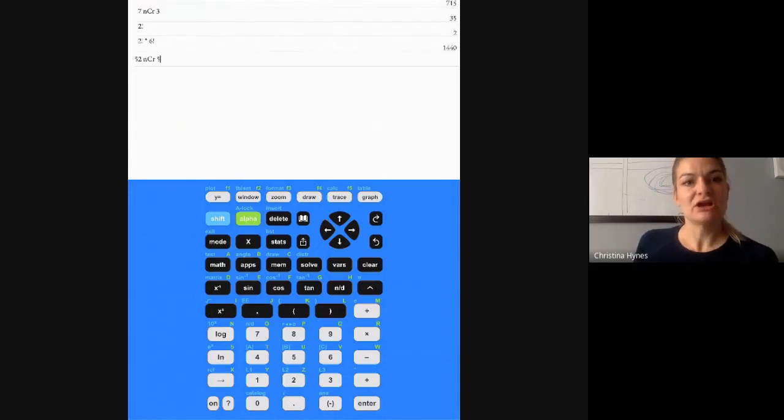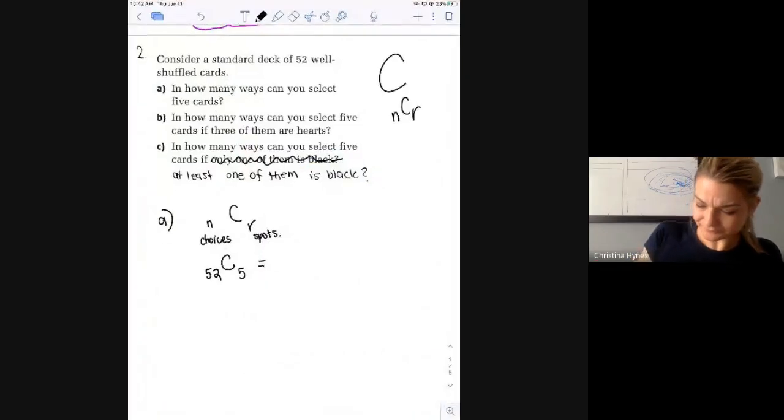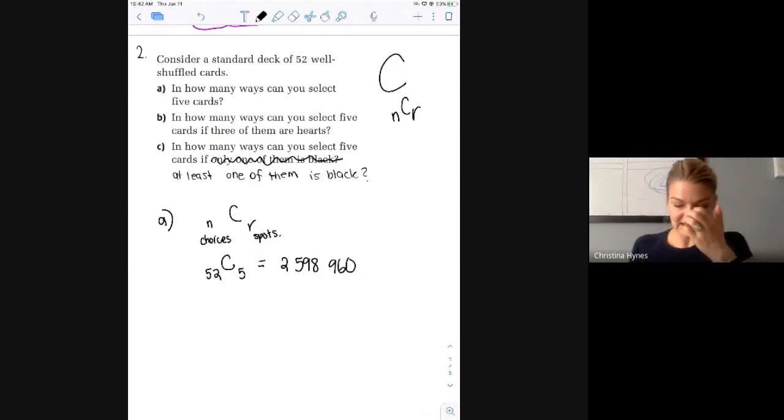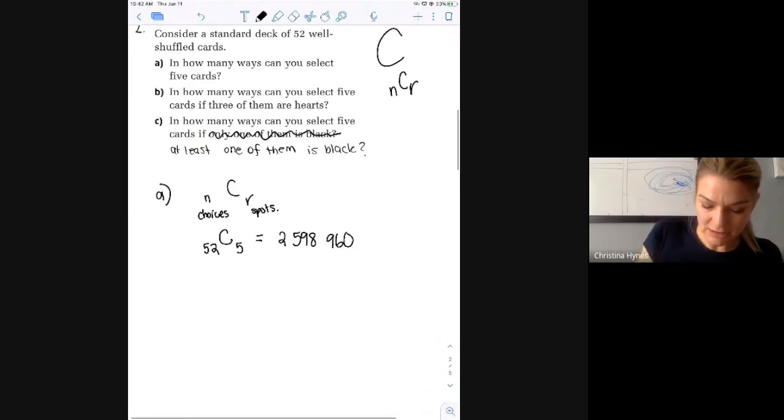So you're always putting your N first, then you're using that math probability number 3 button, and then it's the R button right after it. So I get a large number. It is 2,598,960. So that's my answer for the first one.